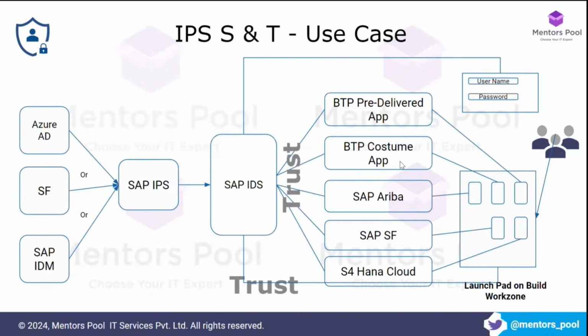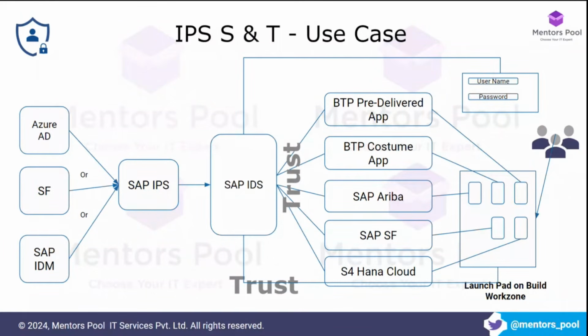Can you do it with one IAS? Technically, you can, but it's not recommended. Generally, you will have two IAS, one test IAS and one prod IAS, and the test IAS will trust all test systems, and the prod IAS will trust all prod applications.